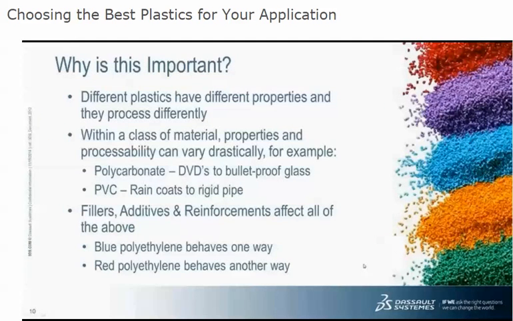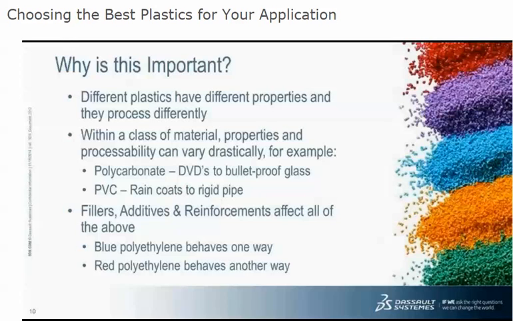Now, why is all of that important? We talk about different plastic materials. We talk about different things that you can add to the plastics. That's because when we talk about different plastic materials, they all have different properties and they process differently. So a lot of times you wouldn't use two different plastics in the same application because they have different properties.